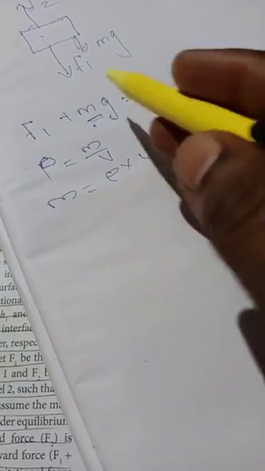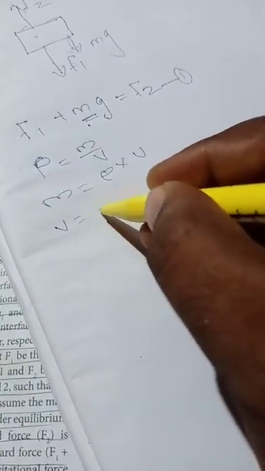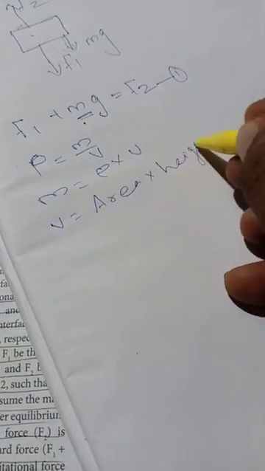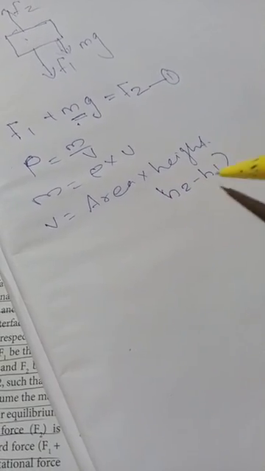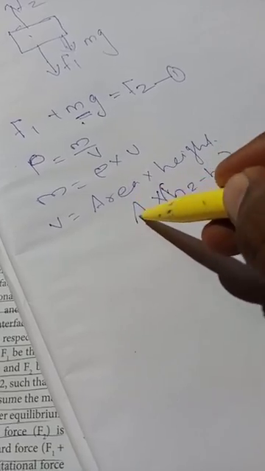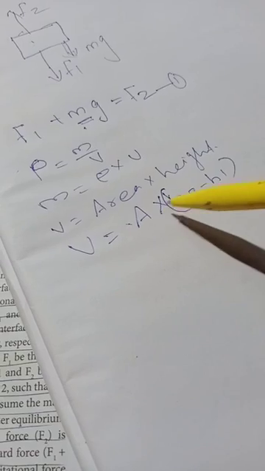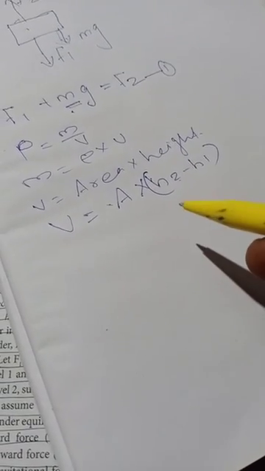Now the volume of this sample. Volume of the sample we can find out by using volume is equal to area into height. Here height means the height difference H2 minus H1, and area you know, A. So V is equal to A into H2 minus H1, that is the volume.